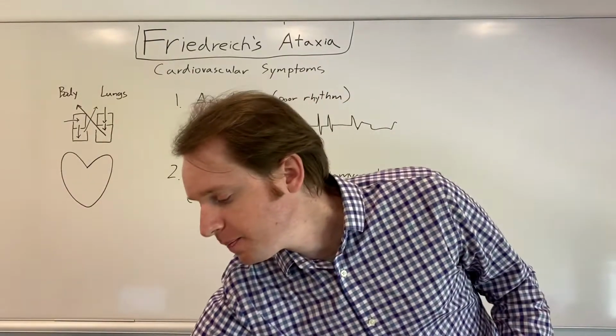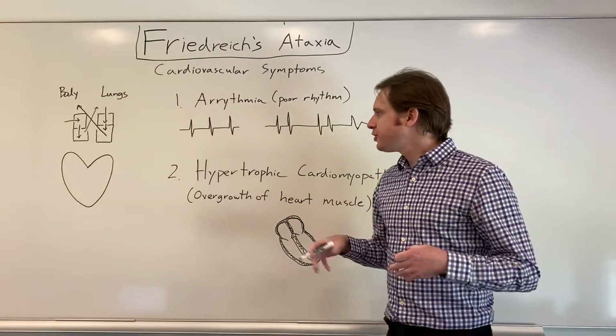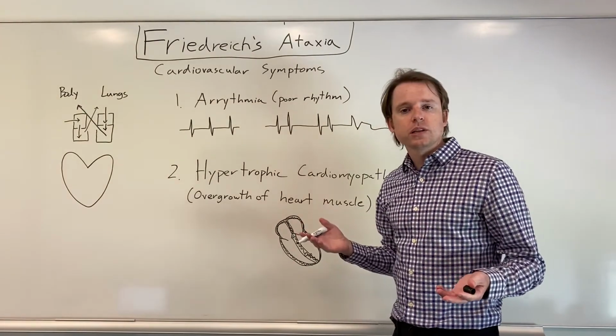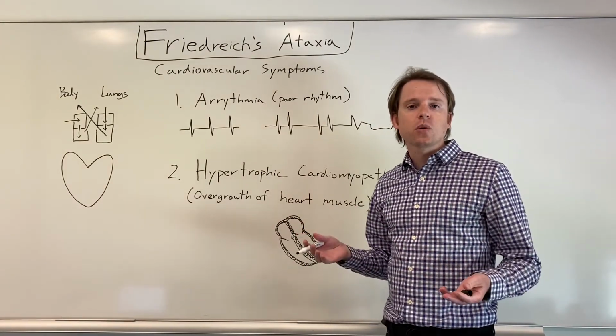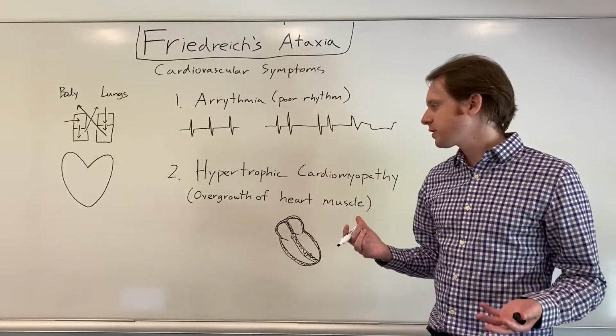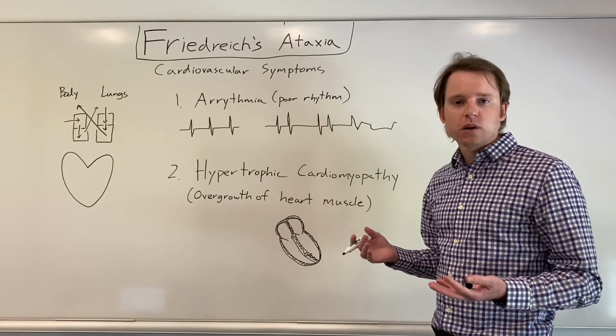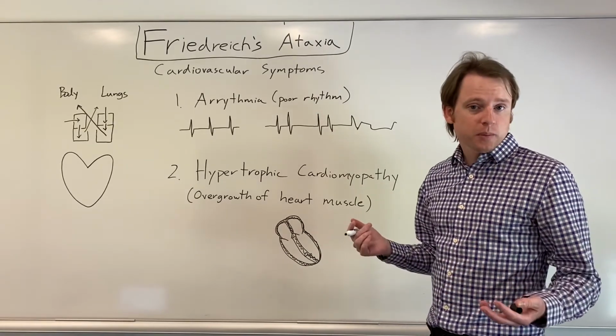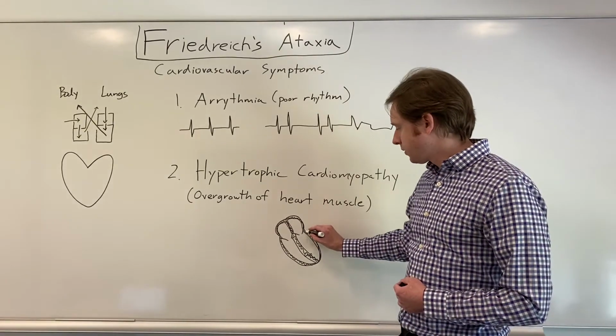However, over time, if the innervation, or in other words, the electrical signals coming from the nerves is improper, or the energy regulation due to a lack of that frataxin protein makes the cells not work properly, your heart can try and compensate by building up more muscle.